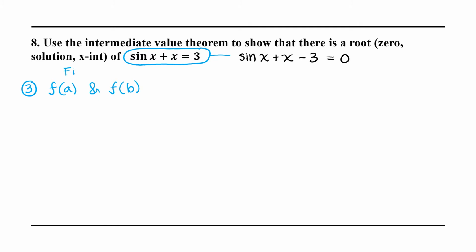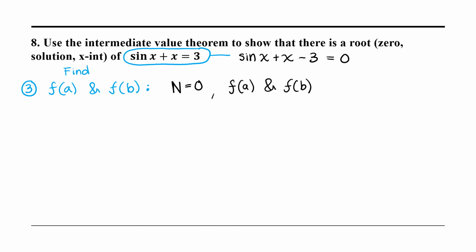Okay, so n is equal to 0. And since we don't have an interval, that means that we need to find f of a and f of b, where one is positive and one is negative.